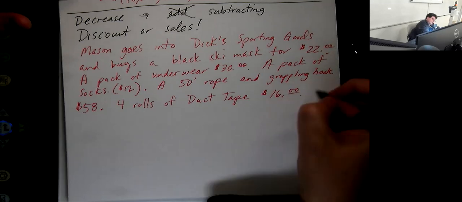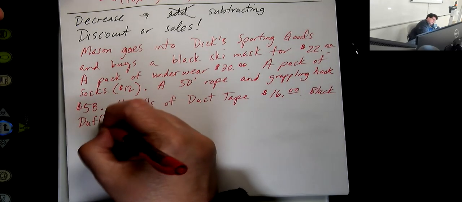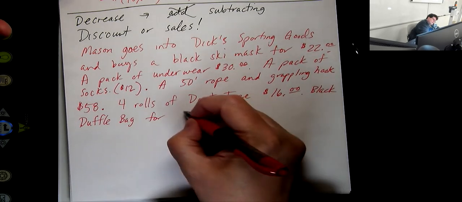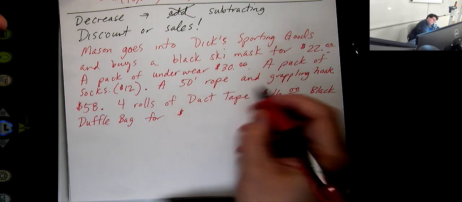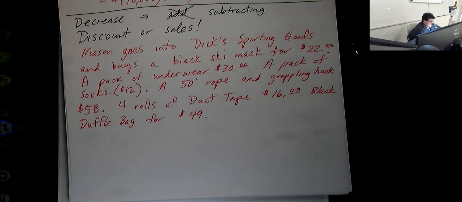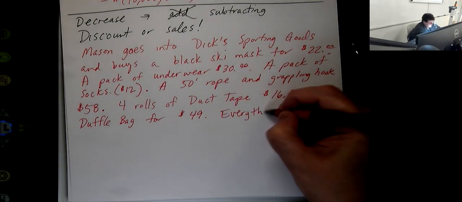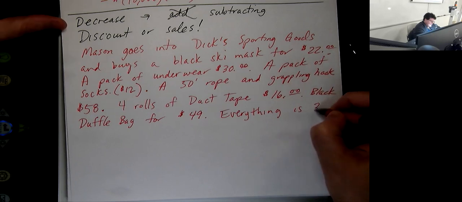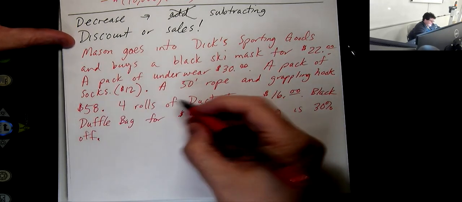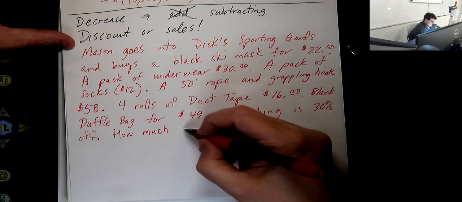Let's go with a black duffel bag, don't want to look like an idiot walking out of the store with a ski mask and underwear. Let's say 49. Everything is 30% off. How much is the total bill without considering tax?